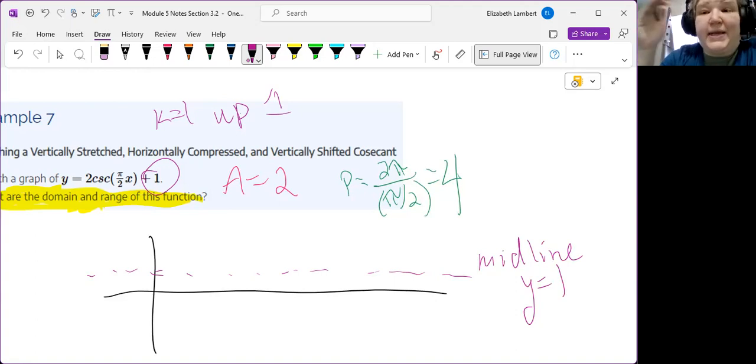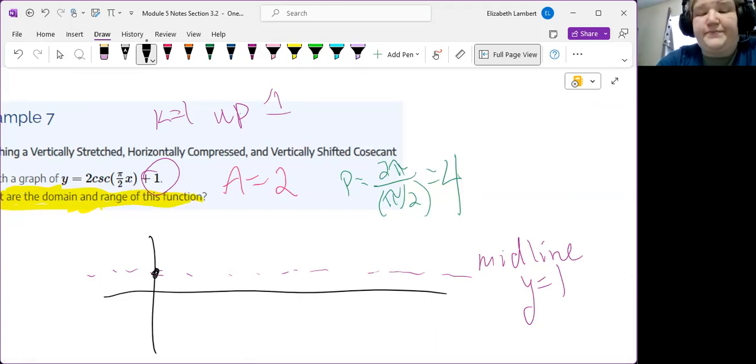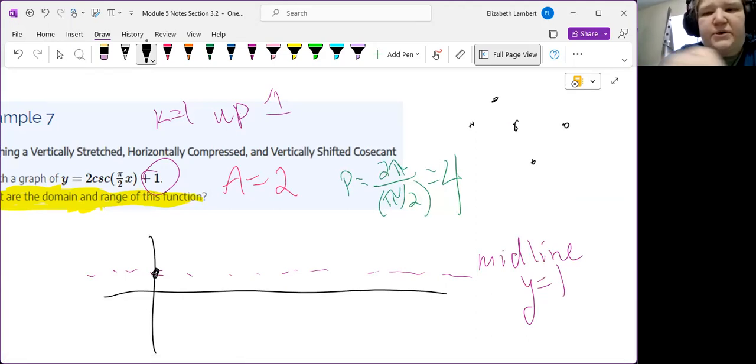And that's just where we're going to count our amplitude on the sine graph from. Because we don't have a left or a right shift, our sine graph will start there at 0, 1. Now remember, our normal sine shape is start at 0, up, 0, down, 0.